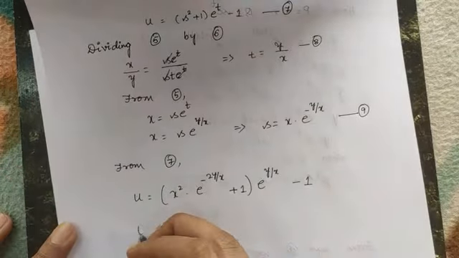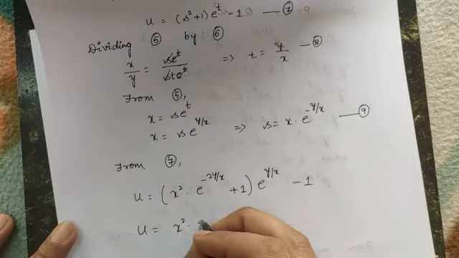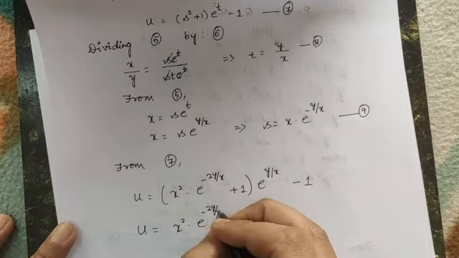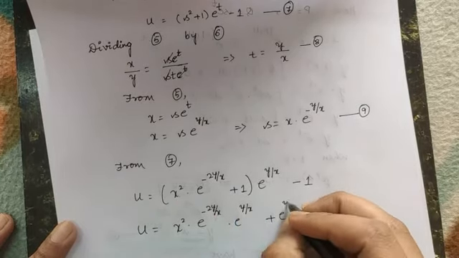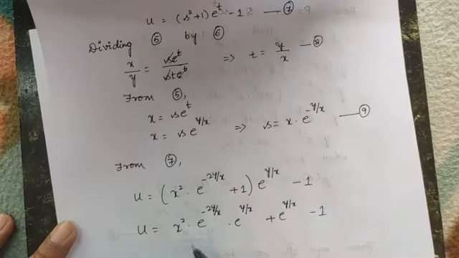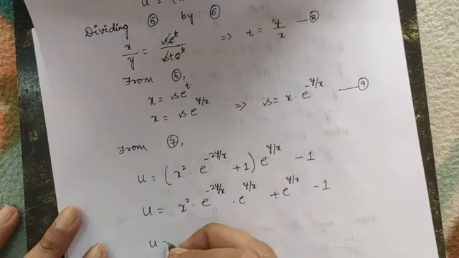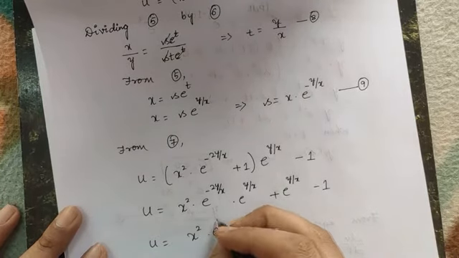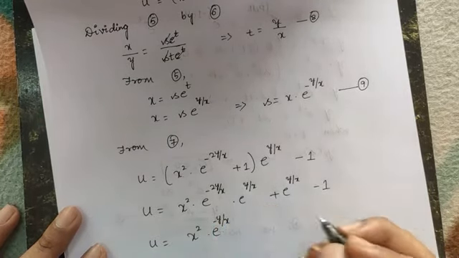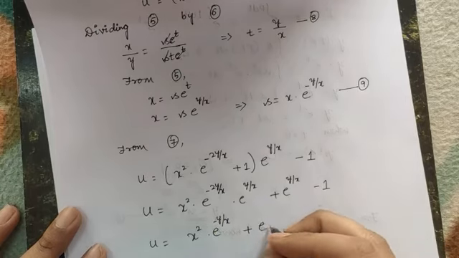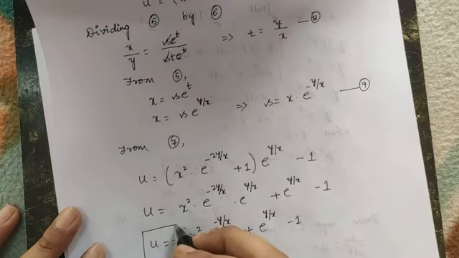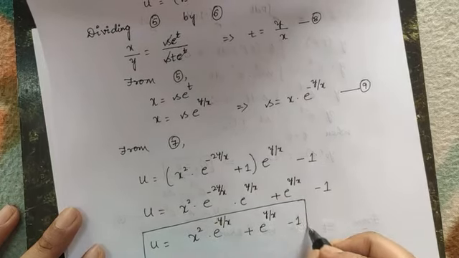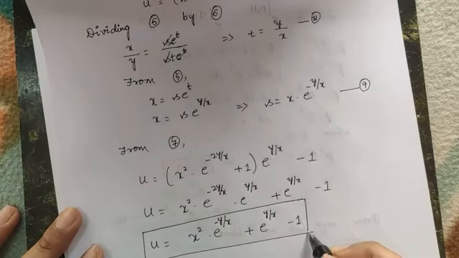If you solve this, you will get u is equal to x square into e power minus 2y by x into e power y by x plus e power y by x minus 1. Since bases are same, I will add the powers. You will get u is equal to x square into e power minus y by x plus e power y by x minus 1. So this is the final solution which does not contain s and t.